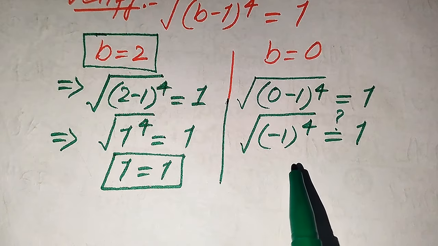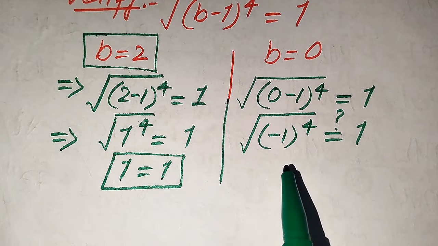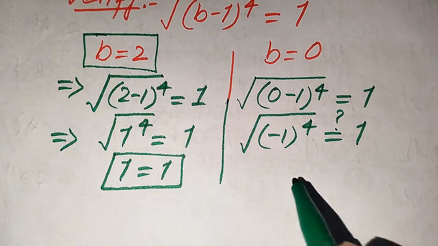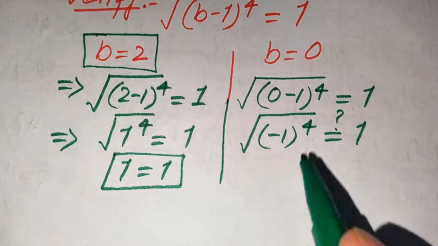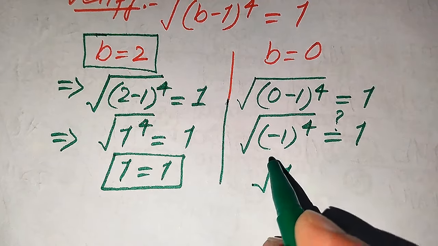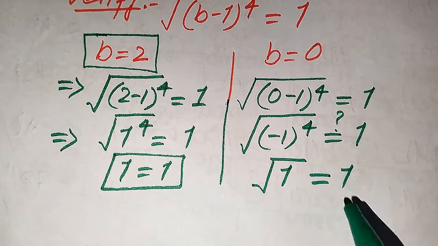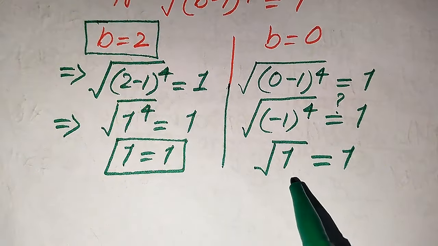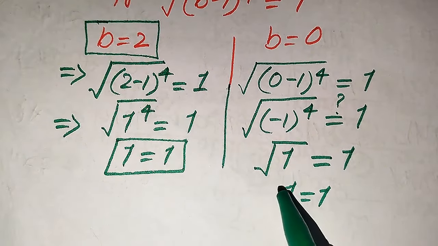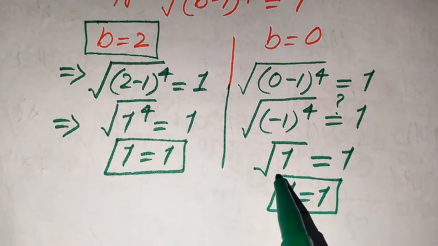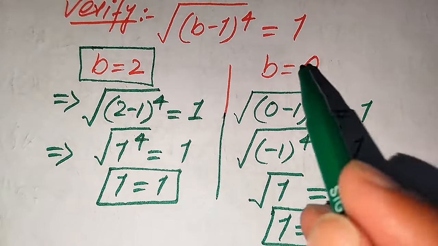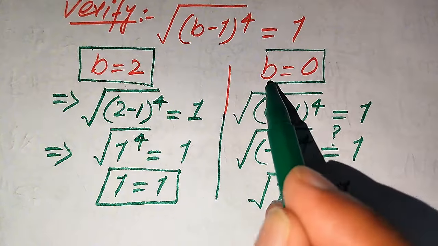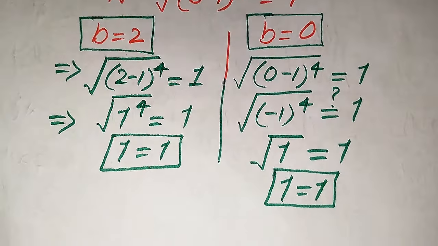And you know that when we have an even exponent with a negative base, then the negative sign becomes positive, so we have minus 1 to the power of 4 becomes plus 1 and its whole square root is equal to 1. And we know that the square root of 1 is equal to 1. So again you see that both of the sides are equal. So this means that the second value b is equal to 0 also satisfies our given question statement.